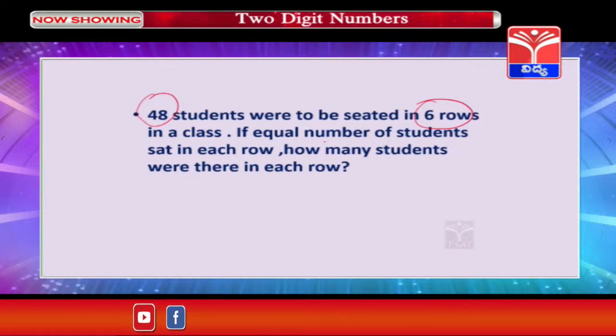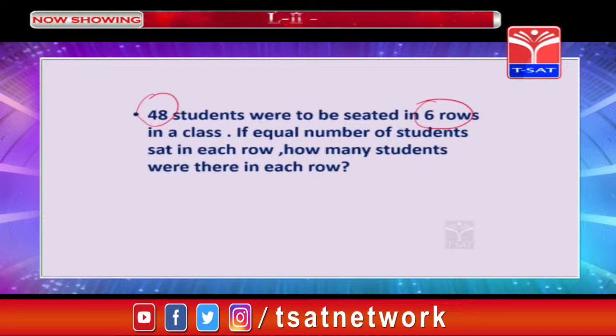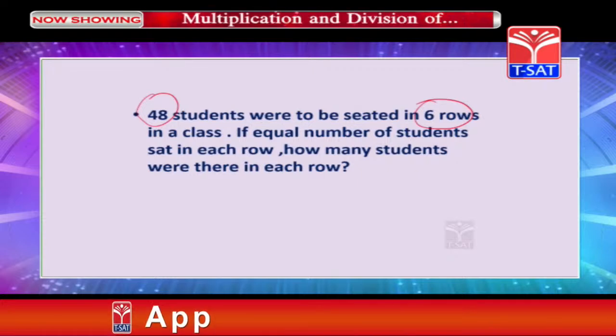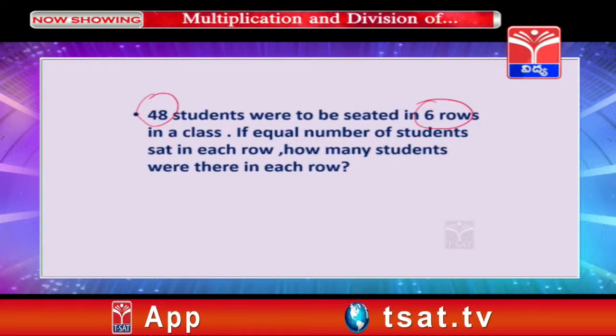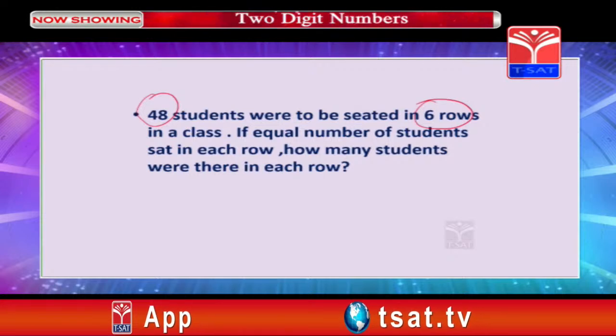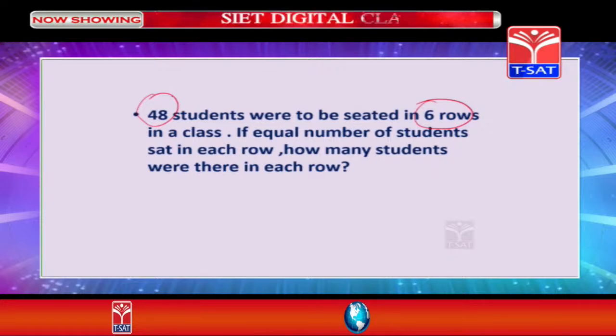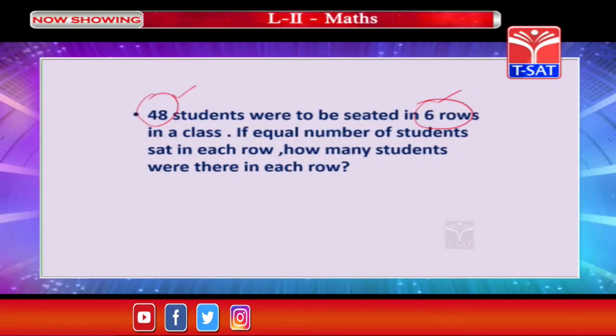So when we are moving from a larger quantity or larger group to smaller groups, we use the division concept. Understood? When we are moving from smaller quantities to larger quantities, we use multiplication. Here we are moving from a larger group to smaller groups, so we are using the division method.